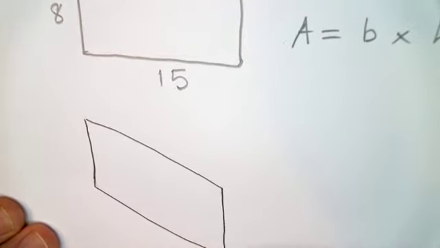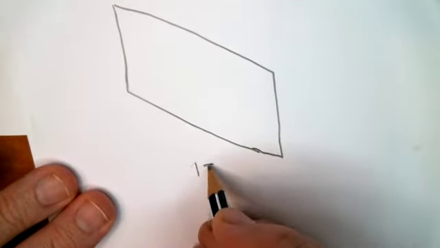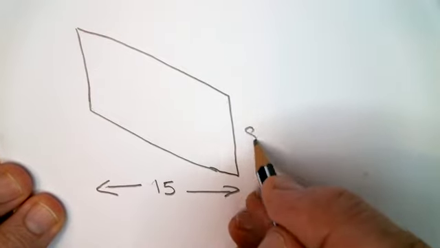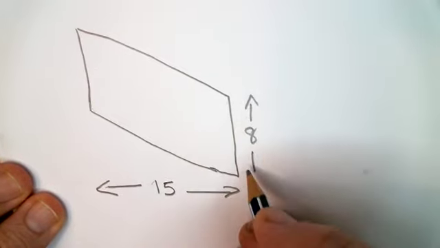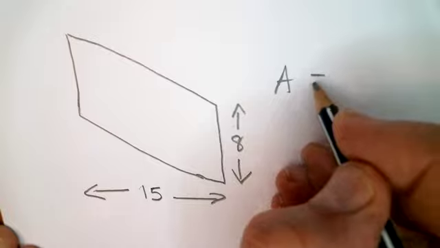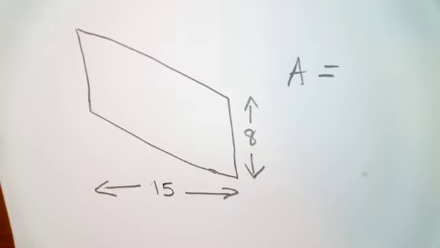So there it is. This length here is 15, and this side here is 8. The area of a parallelogram is always going to be its length times its vertical height.